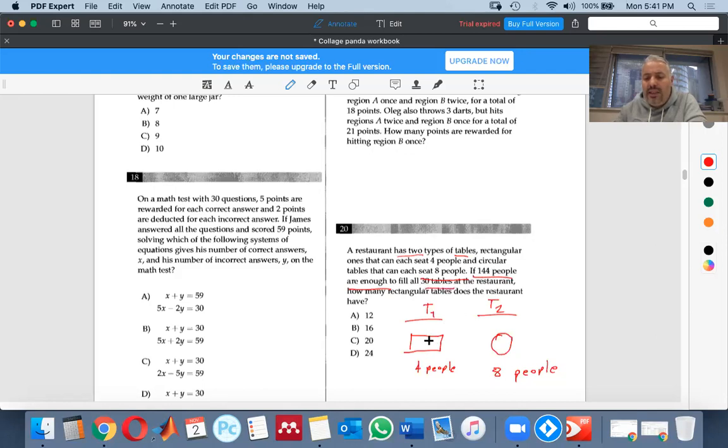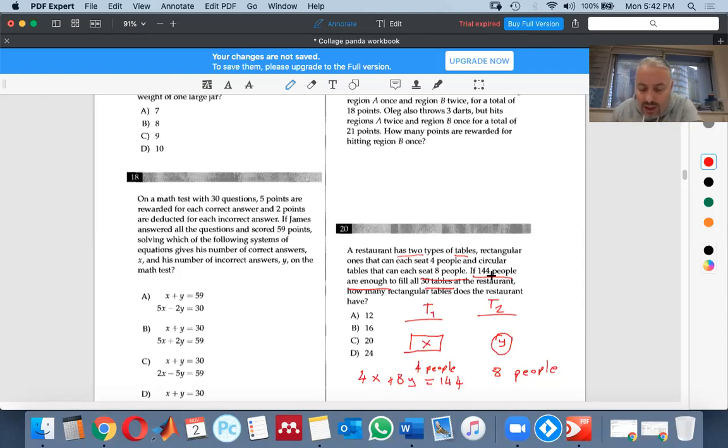So let me say X rectangles I have, Y circles I have. I don't know X and Y. But what I know, since one rectangular 4 people, X rectangular 4X people. One circular 8 people, Y circular will be 8Y people, and totally it will be 144. Am I right?